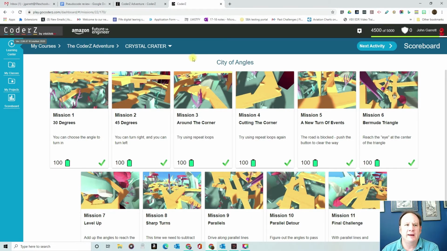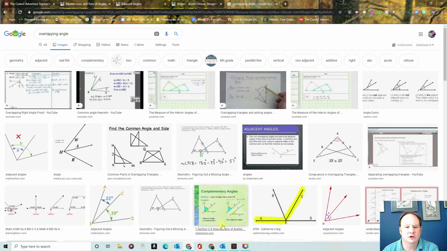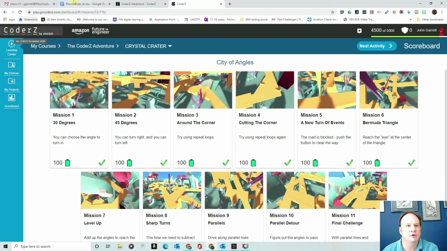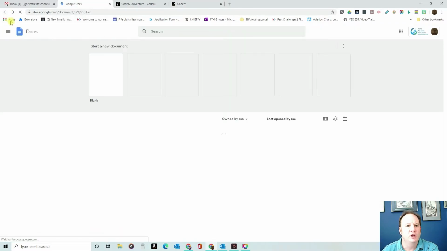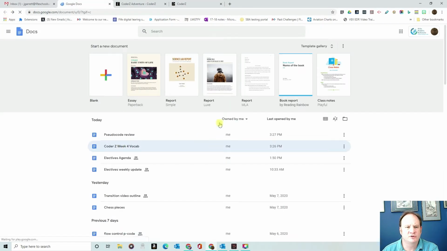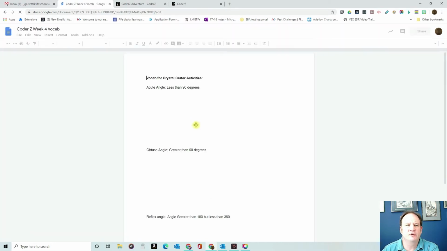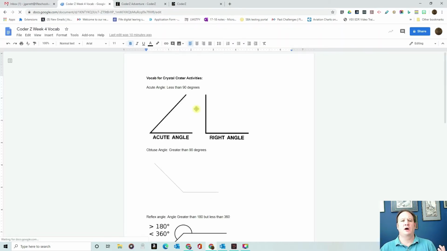So, angles. I kind of want to get into some of the vocab of angles here. So I'm going to jump over to here and go to the vocab. We're going to talk about various and sundry angles, and I want to review the vocab for that.